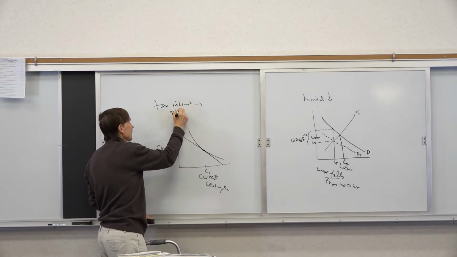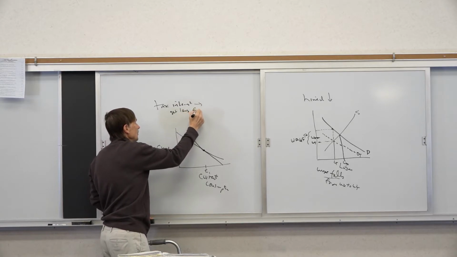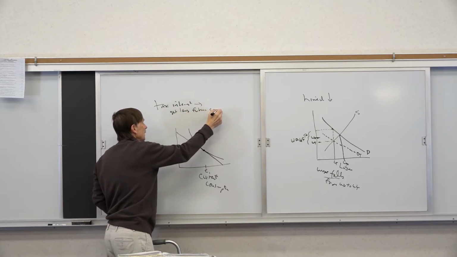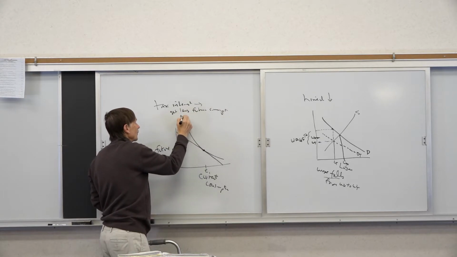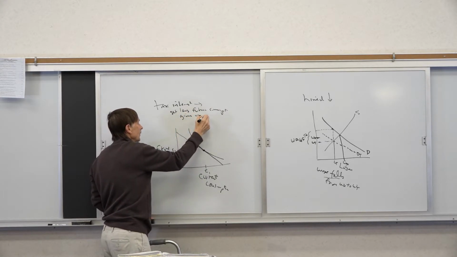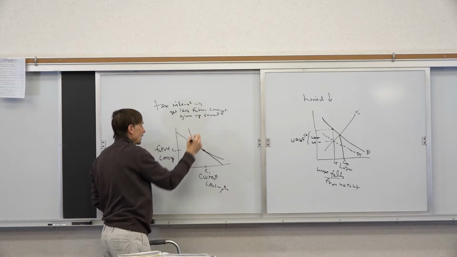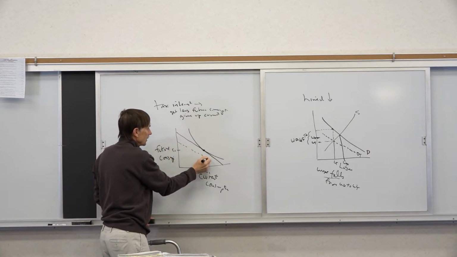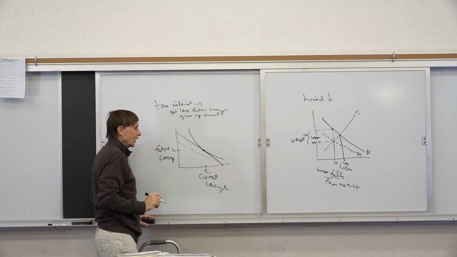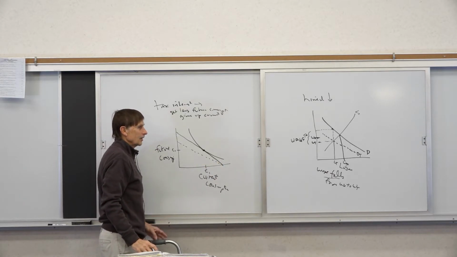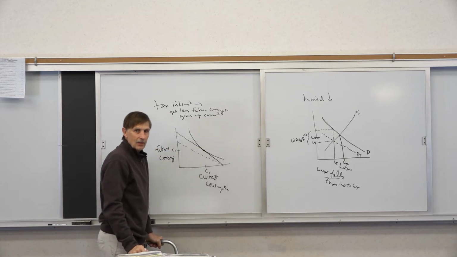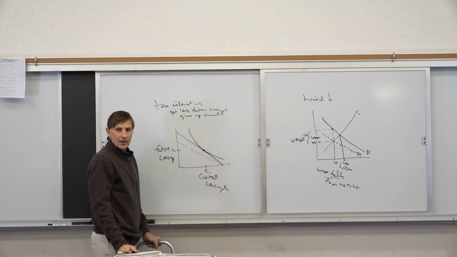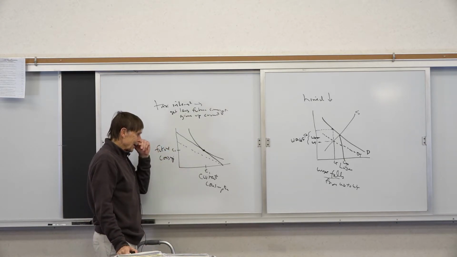I get less future consumption when I give up current consumption. So what's that going to do? Well, it's going to bring that budget line down, right? And it's exactly the same thing that we did with the leisure and income thing.